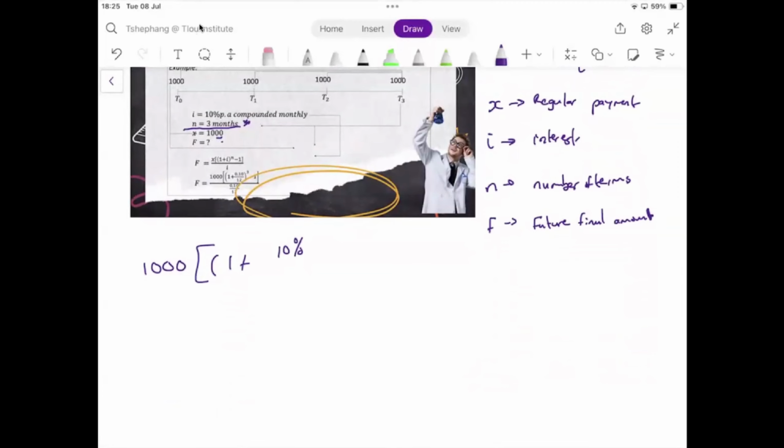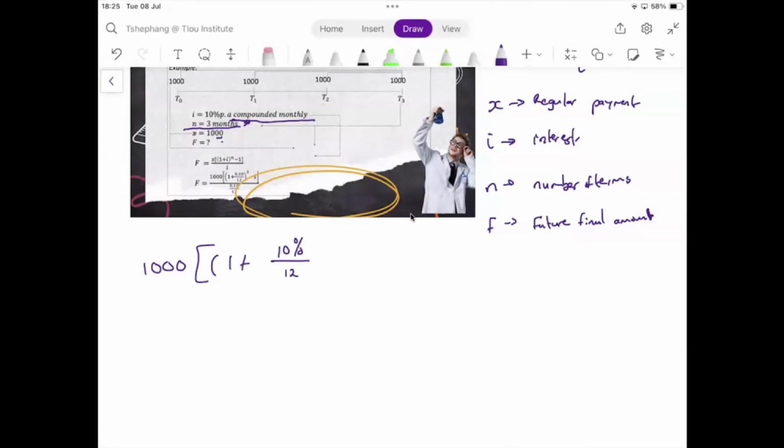If you know, please type in the chat. If you know what we have to do to this 10%, because it's compounded monthly, we have to divide it by 12. Absolutely. If it was compounded semi-annually, we would have to divide it by 2.